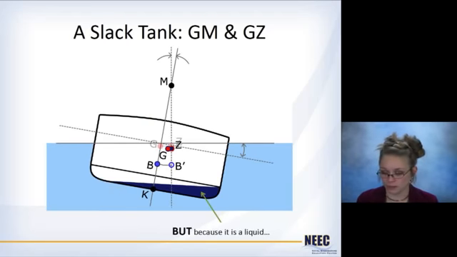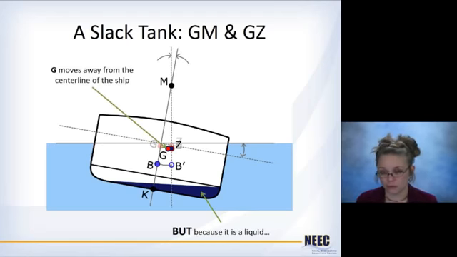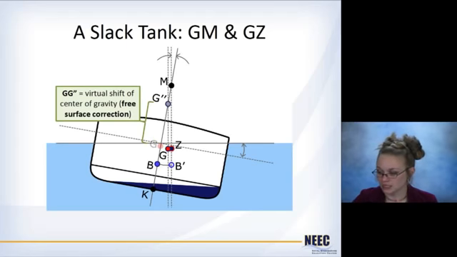However, because this liquid is not a solid, it slides over, and the center of gravity has shifted. It moves away from the center line, which gives you not only a new center of gravity, but also a new Z point. This causes, if you draw a line from the new center of gravity up to where it intersects that original center line of the ship, this new point G double prime.